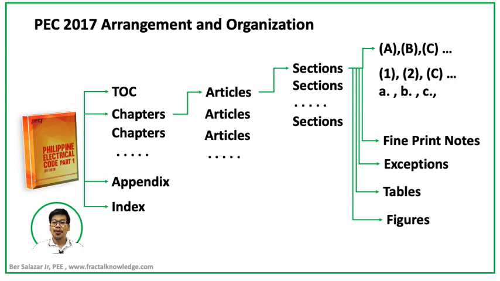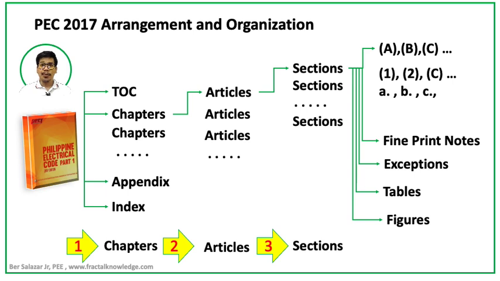Now, for you to better understand PEC 2017, begin with the chapter you want to study. Let's say Chapter 6, Special Equipment. What is special equipment? Let's say fire pump. Focus on the article on fire pump, that is Article 6.95. You need to complete the reading.